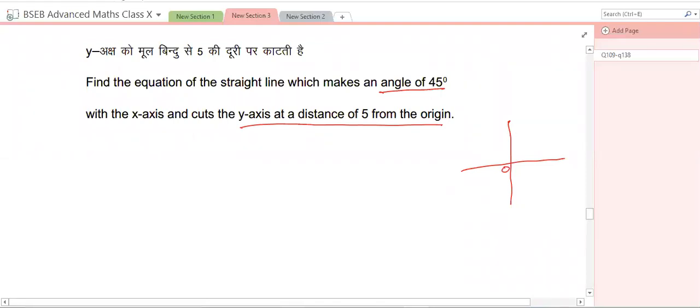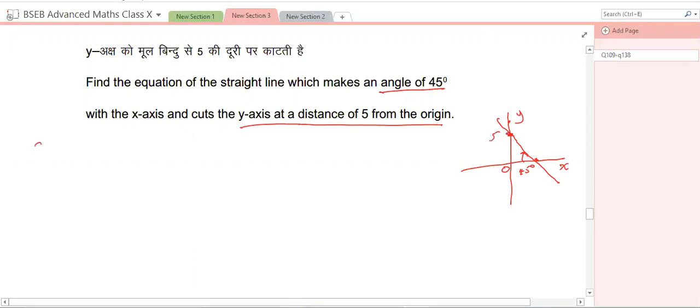So it's a straight line that goes through these 2 points. All right, so an angle of 45 degrees on that side. So this is x, that's y. Right, so this value here is 5.